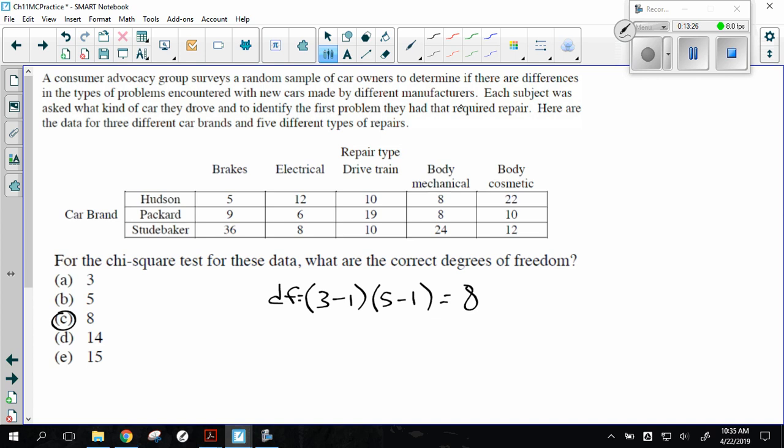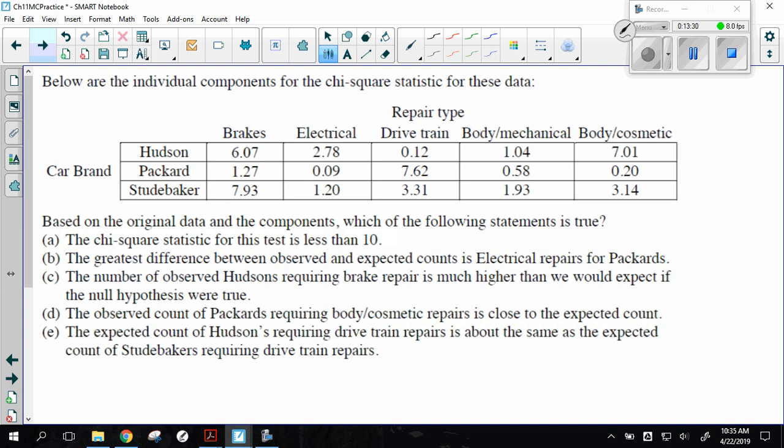Cool, moving right along. Let's look at another one. I believe we're still dealing with these cars. So we'll go through it. We have each chi-square statistic for these data. What this is, is our observed minus expected quantity squared divided by our expected value.